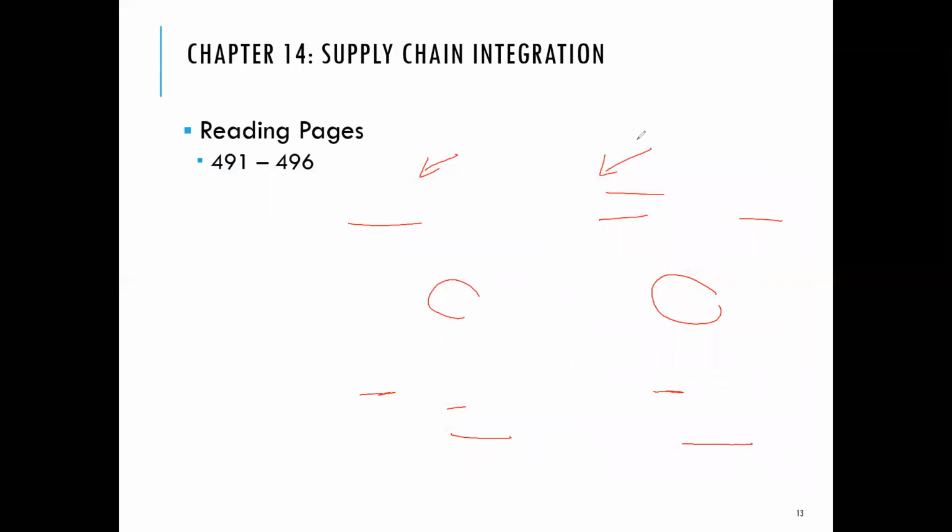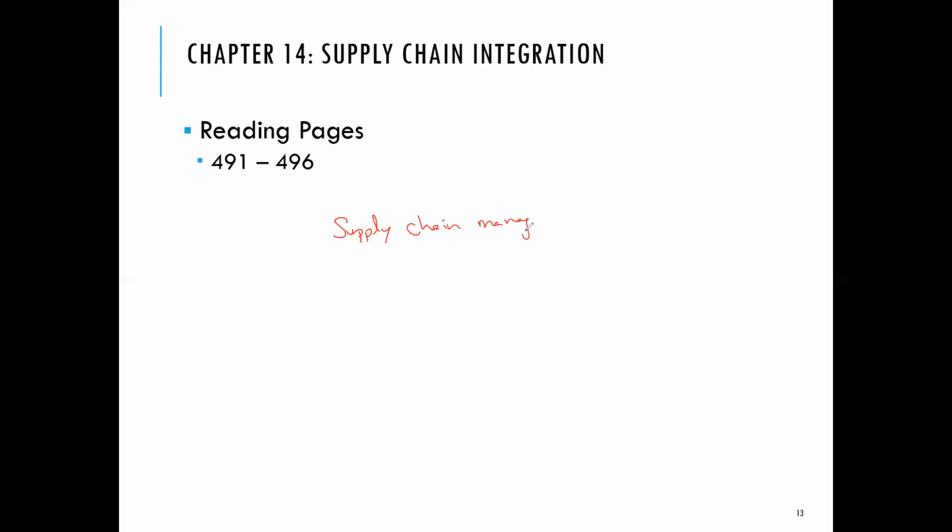Now, with that said, this brings us to an end of our discussion on supply chain management. In our discussion, we basically focused on two main components. What exactly do we mean by supply chain management?